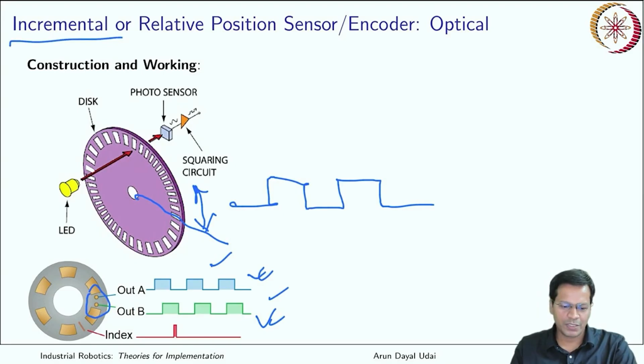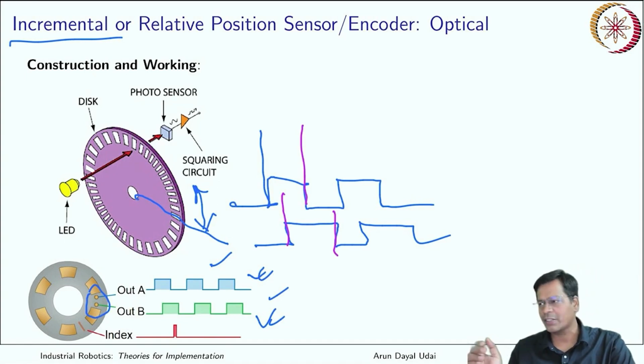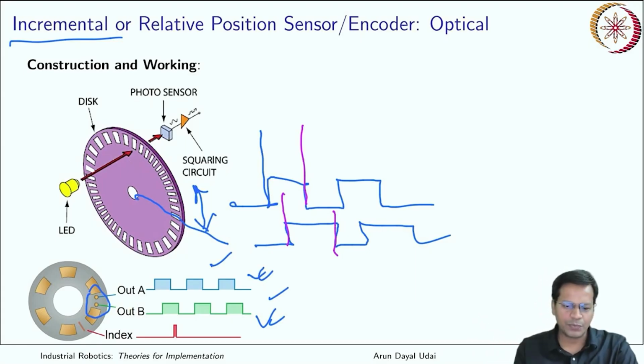Got it? Now there are many other ways of getting more resolution. Maybe you can count the rising edge, falling edge, and again rising edge and falling edge. So for one complete window transition, you will get at least 4 counts.